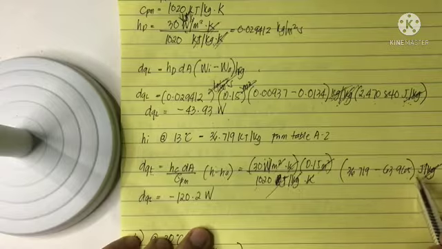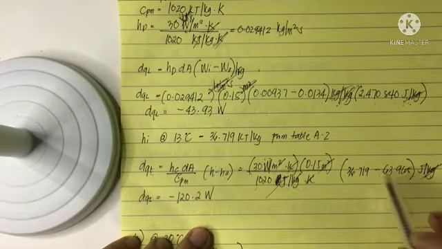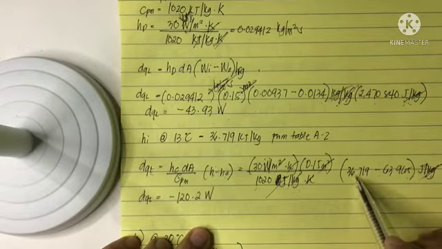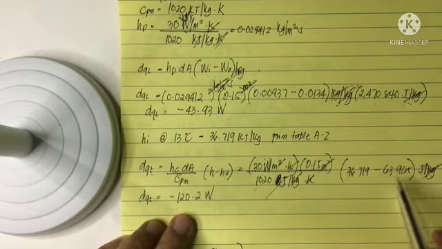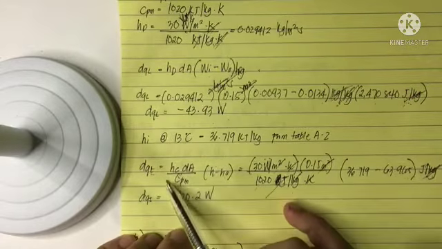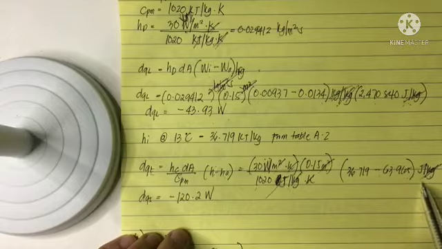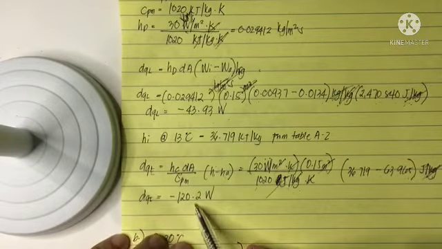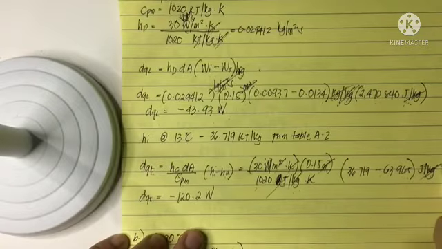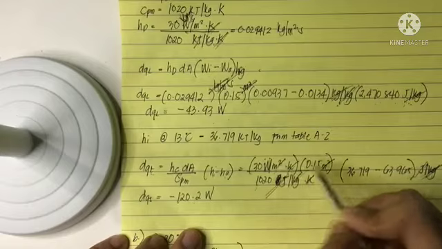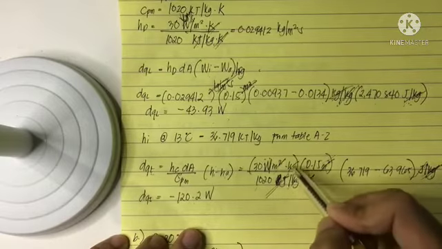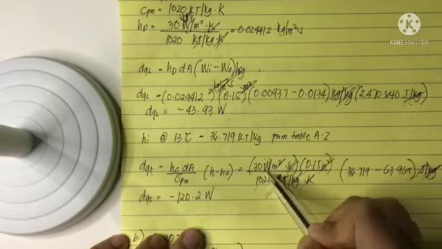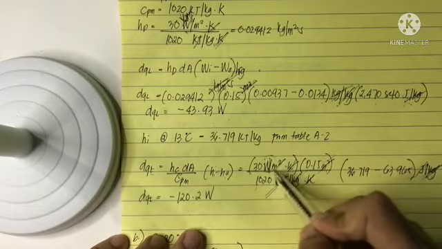So from your kilojoule, it is converted to joule, so it becomes 1,000. Solving this mathematically, it gives us a value of negative 120.2 watts. So cancel out your kilogram, your joule, your meter squared, and your Kelvin. So what unit left here is only watts.